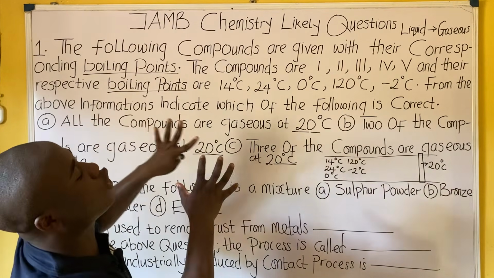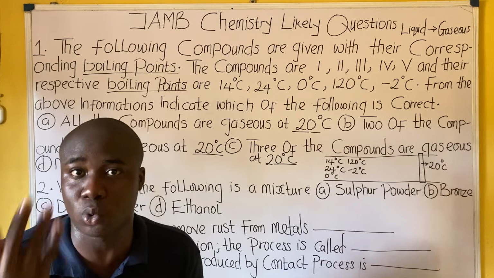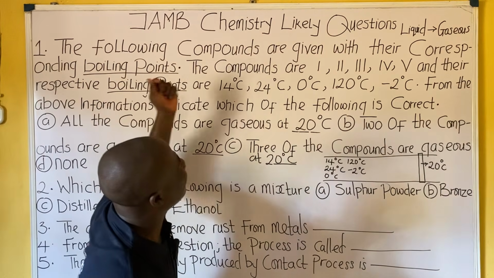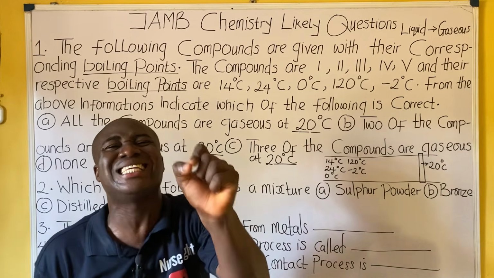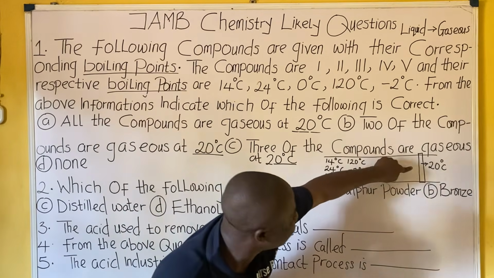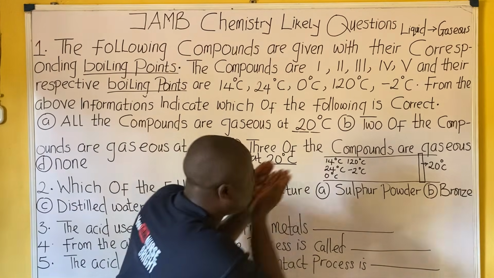What they are asking us to determine is the compound out of the 5 compounds that is a gas at 20 degrees Celsius, which is the finish line in this track race.